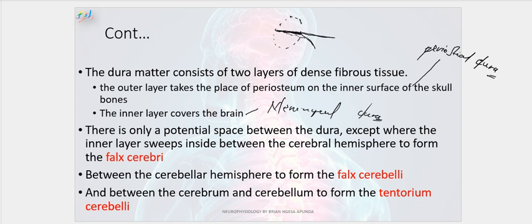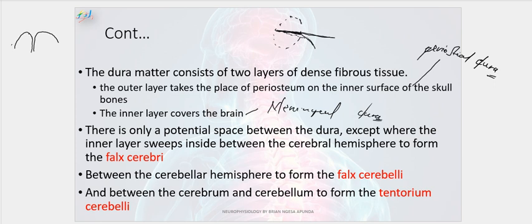The exceptions include places like the falx cerebri. This is where the inner layer sweeps inside between the cerebral hemispheres to form the falx. It should make sense when you look at the brain from the back: we have two cerebral hemispheres, the right and the left.